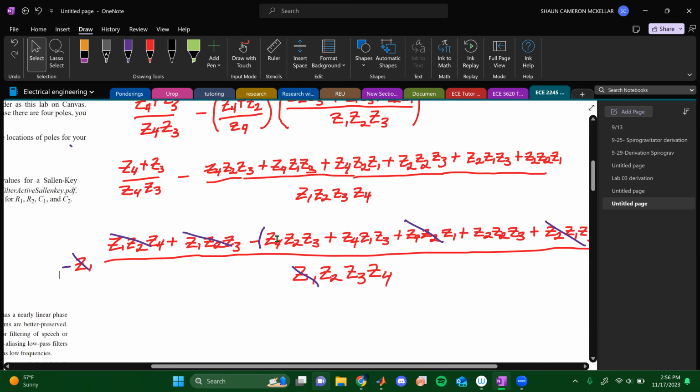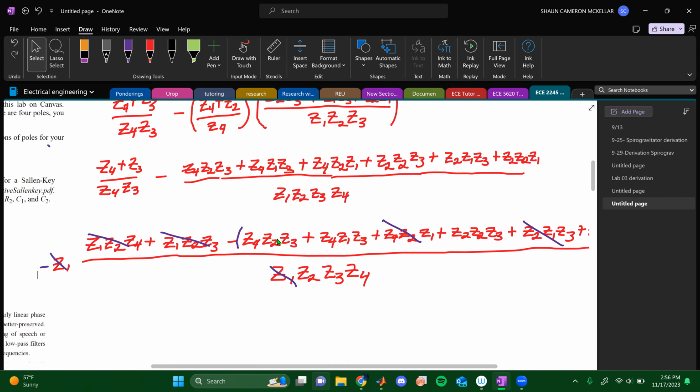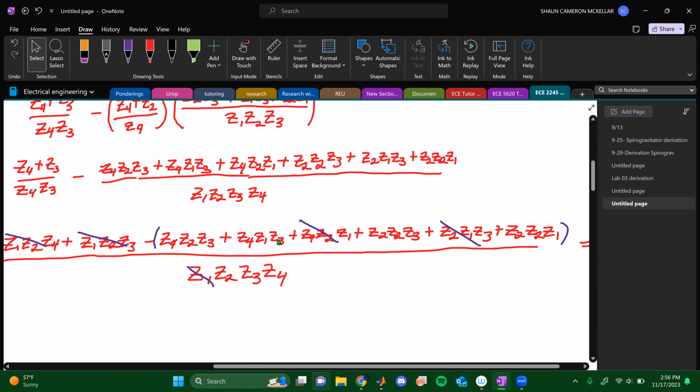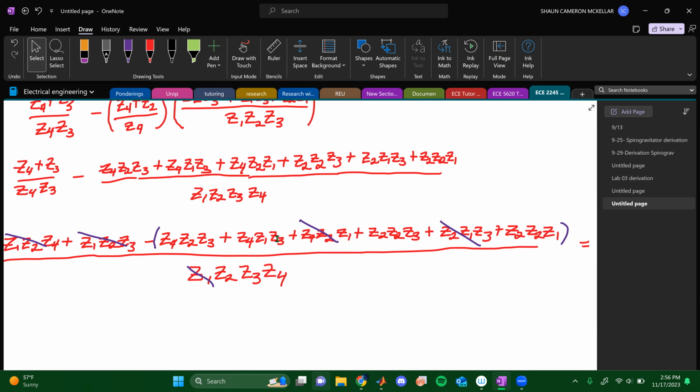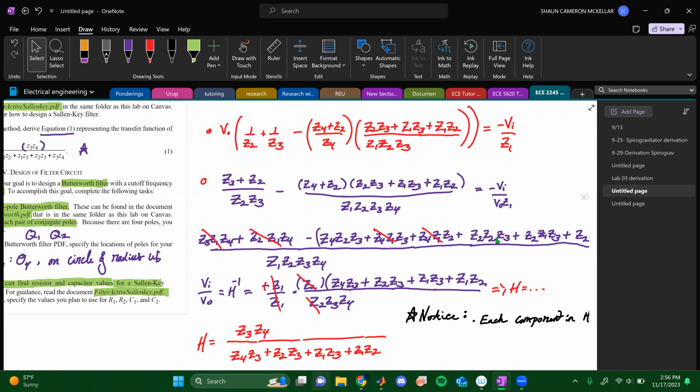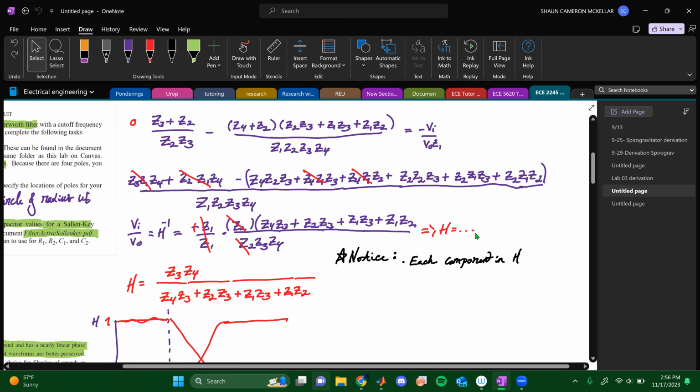And I'm worrying now that I might have made a typo because it looks like the Z2 term won't cancel, which is an issue. So give me a second while I look at this. I'm going to go back to my previous solution too, just to verify.